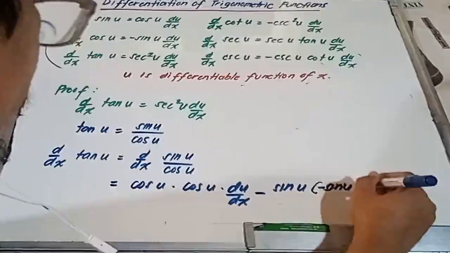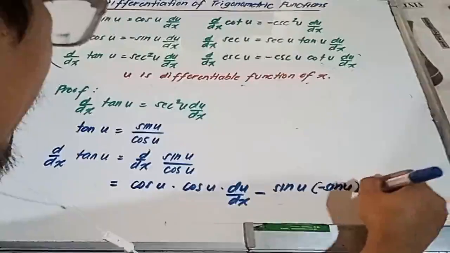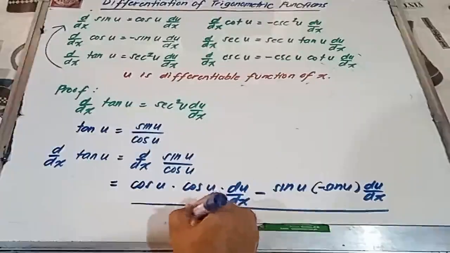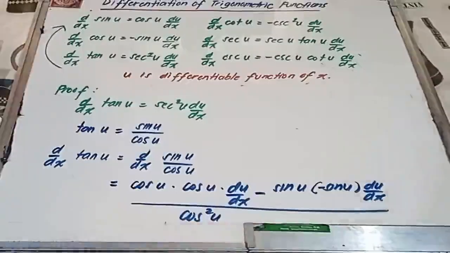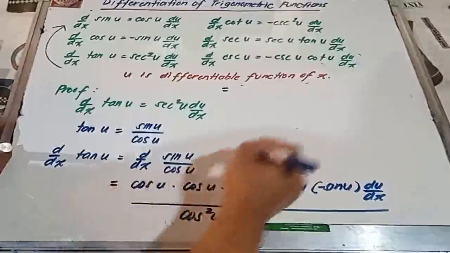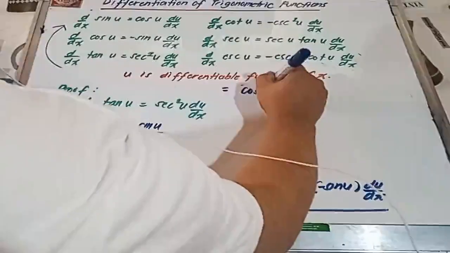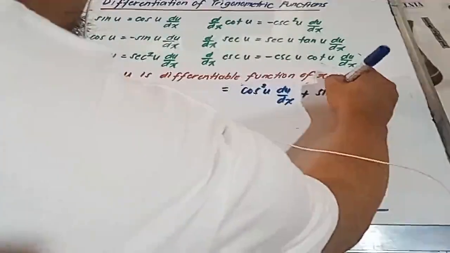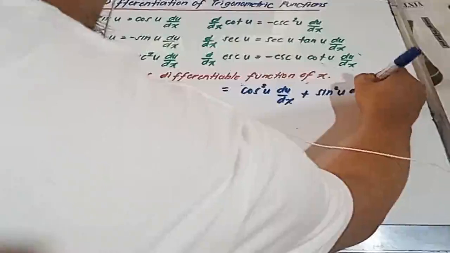Negative sine u times d over dx. All over the square of the denominator, cosine squared u. Okay? So, equal to this: cosine squared u du over dx plus sine squared u du over dx over cosine squared u.